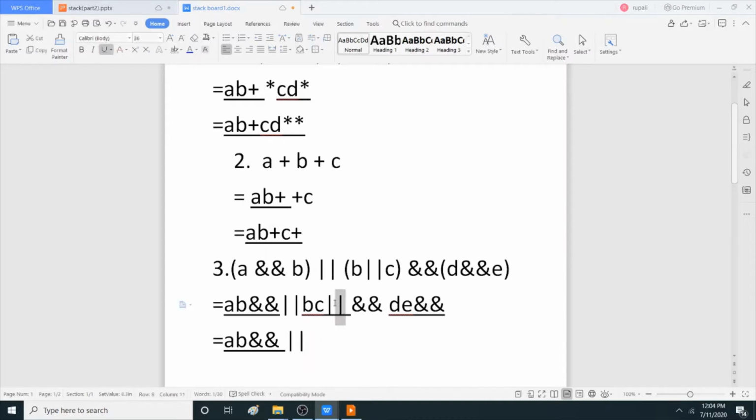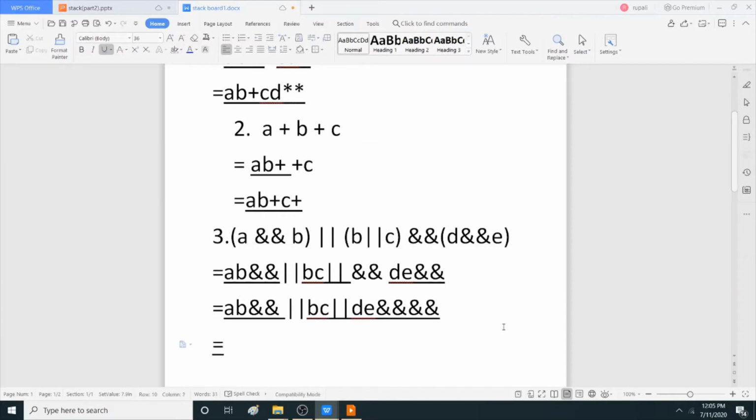So this one is one operand, this one is another operand, in between these two there is or. So this one is B, C or D, E and then this and. This one is and. So there is total underline B, C or D, E and this and, because it is postfix expression, so write and here.